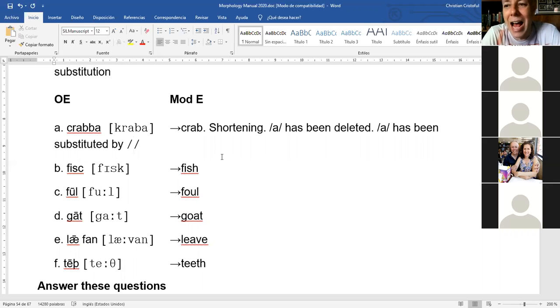Before they said crabba, and now they say crab. So it's the I, like the letter E. How do you pronounce that sound? No, it's more open. Open your mouth. Open your mouth bigger.